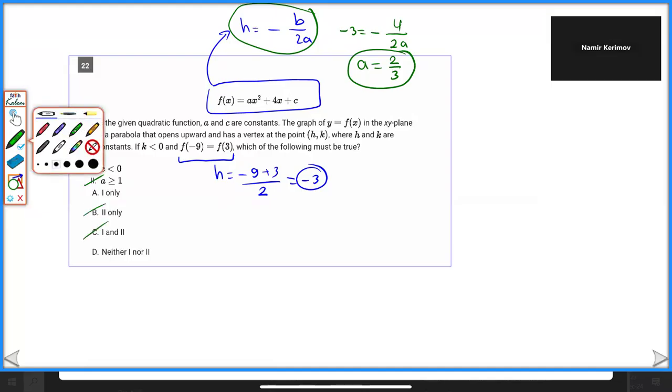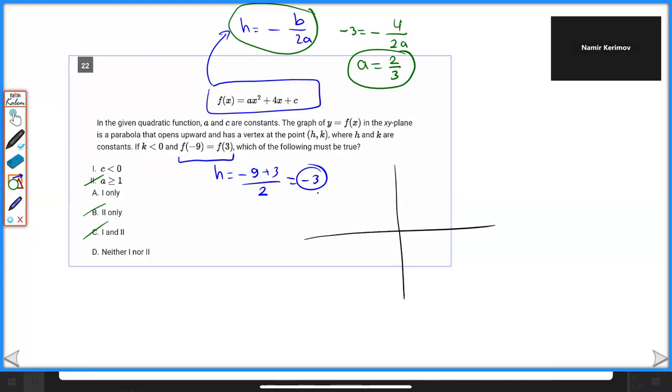So let's check the first one, C. It says C is negative. I know that the x-coordinate is -3, and it's given that the y-intercept is negative and the parabola opens upward.